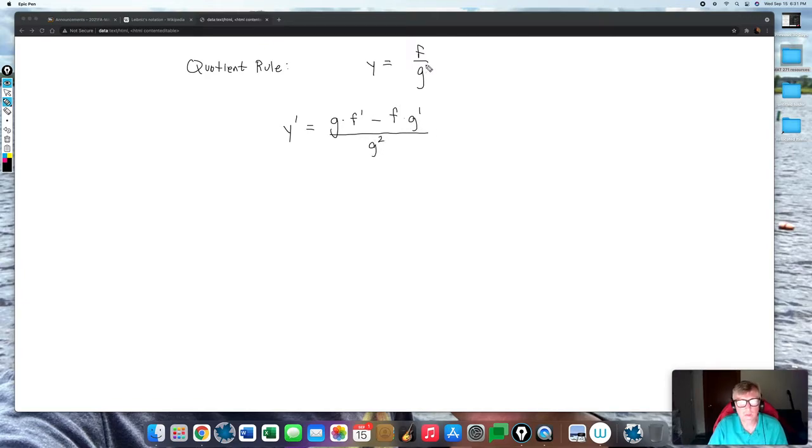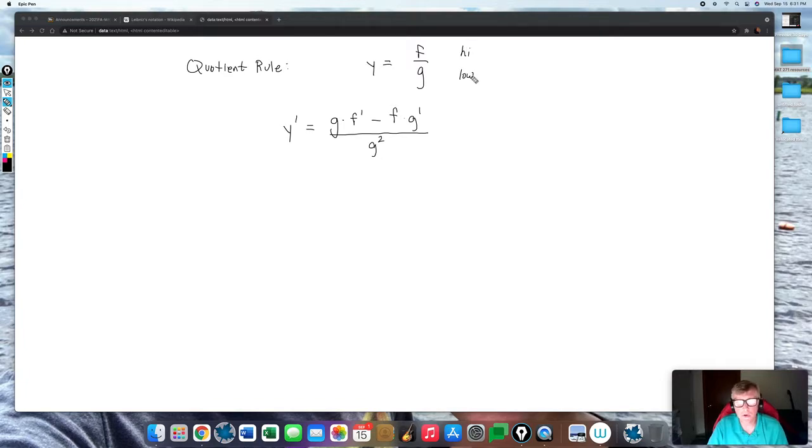And notice I haven't put the x's, right? F means f of x in this case. It could be f of t, f of theta, whatever, right? So f and g are functions of the same variable. We're not having f of x and g of theta or anything like that. Okay, but this is the shortest way I know of writing this rule. So this is the high part and this is the low part.